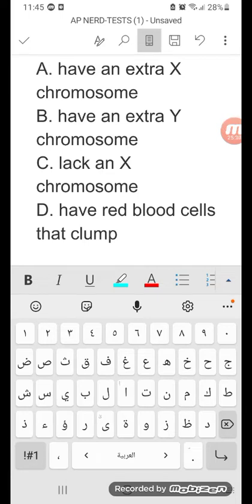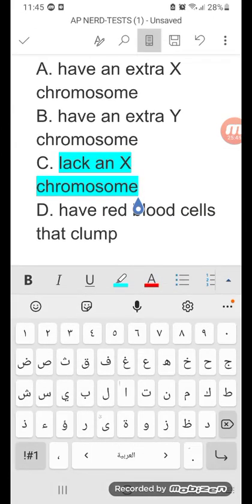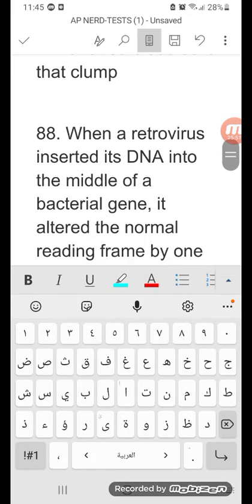Turner syndrome doesn't involve mental retardation like Down syndrome; they just have physical deformities. But they have 45 chromosomes, not 46.